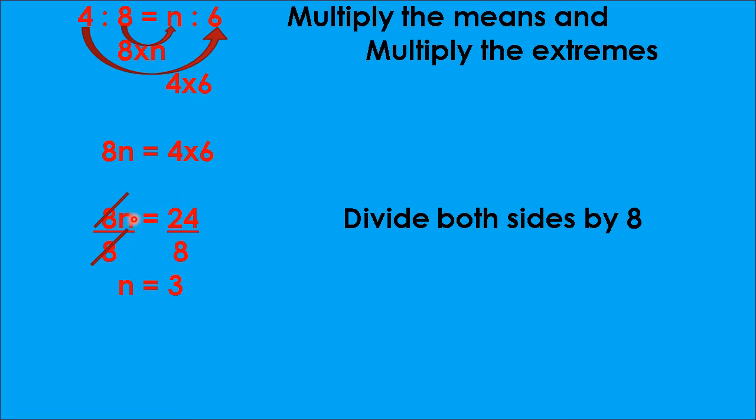And now we are going to cancel 8 and the other 8, so the remaining is n is equal to 24 divided by 8. The answer is 3. So n is equal to 3. So the value of n is 3.